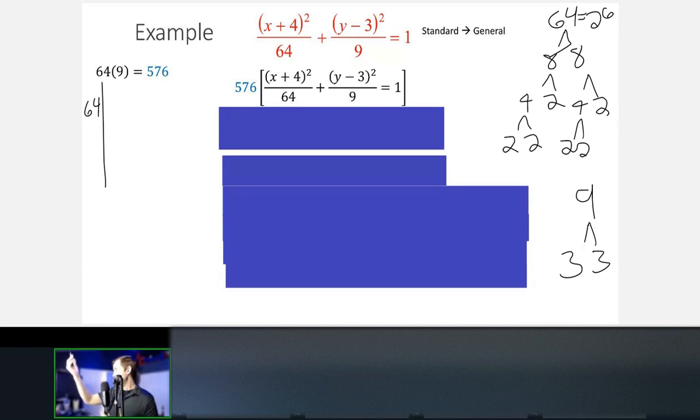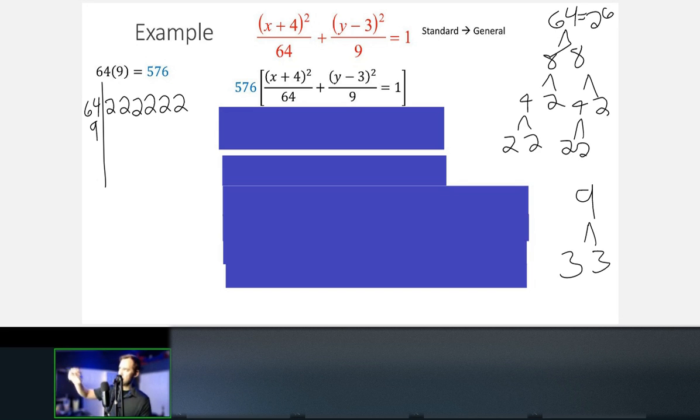So I write 2 six times: 1, 2, 3, 4, 5, and 6. I just write all the factors left to right. Leave some space, because I'm running out of room. That's 2 times 2 times 2, 6 times, right? And then you're going to write the factors of 9.